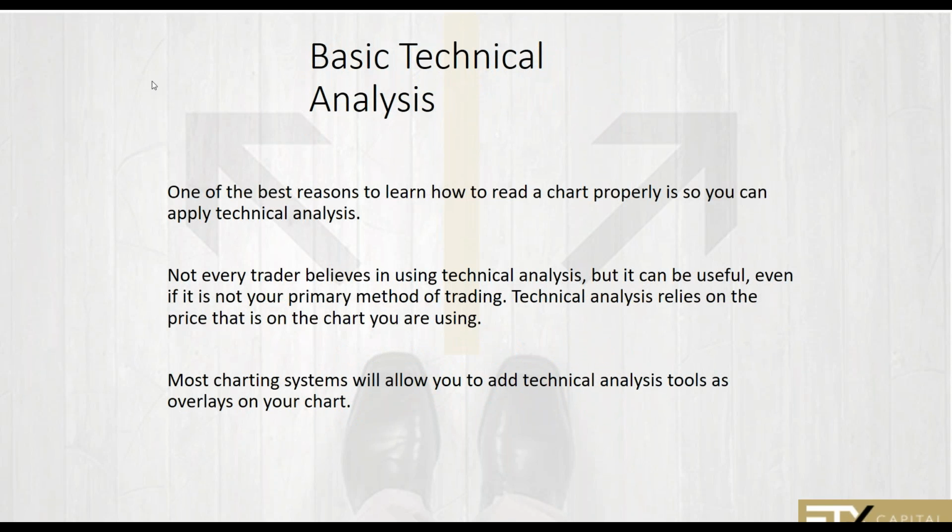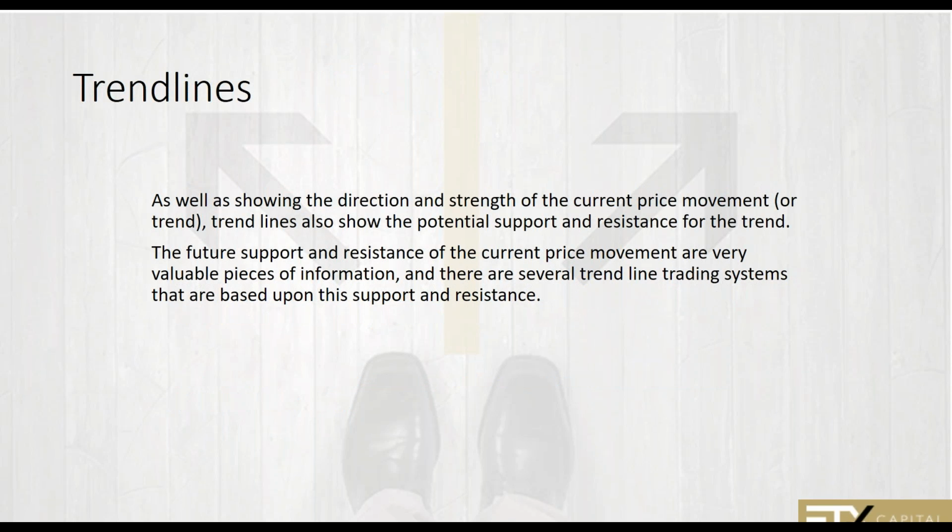Now, one of the best reasons to learn how to read a chart properly is so that you can apply technical analysis. Not every trader believes in using technical analysis, but it can seem useful, even if it's not your primary method of trading. Technical analysis relies on the price that is on the chart you are using. Most charting systems will allow you to add technical analysis tools as overlays on your charts, as well as showing trend lines, and the direction and strength of the current price movement.